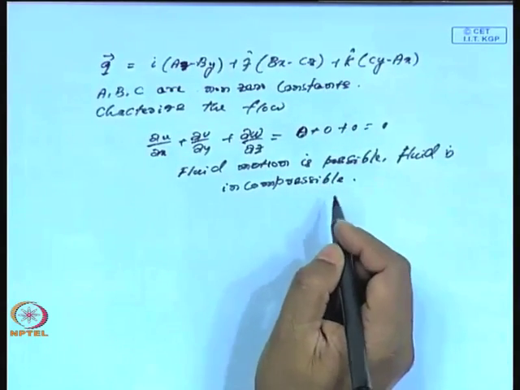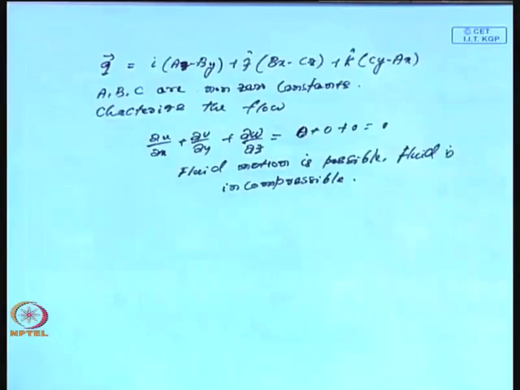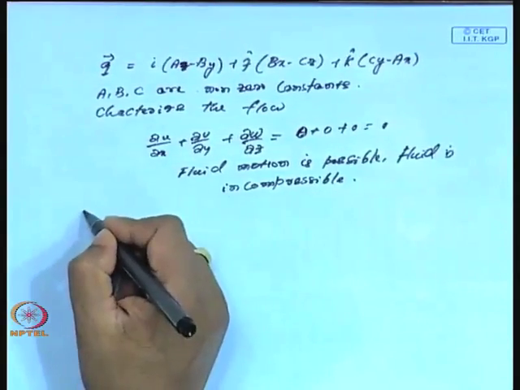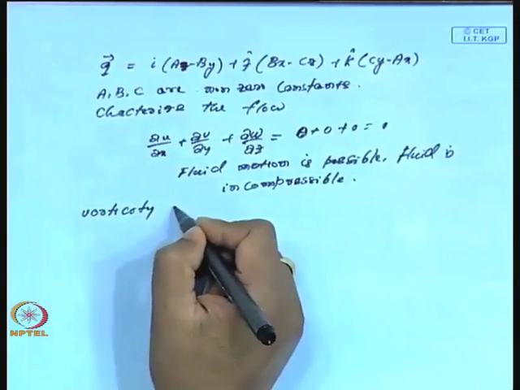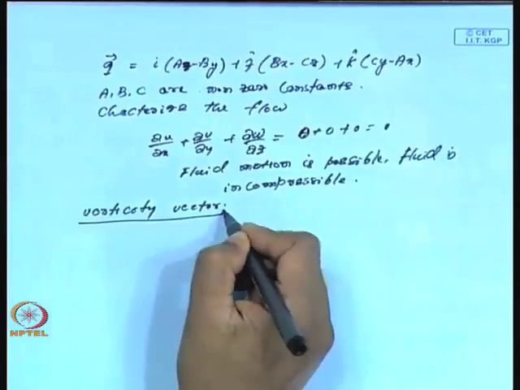Now, again we will check the vorticity vector omega bar.